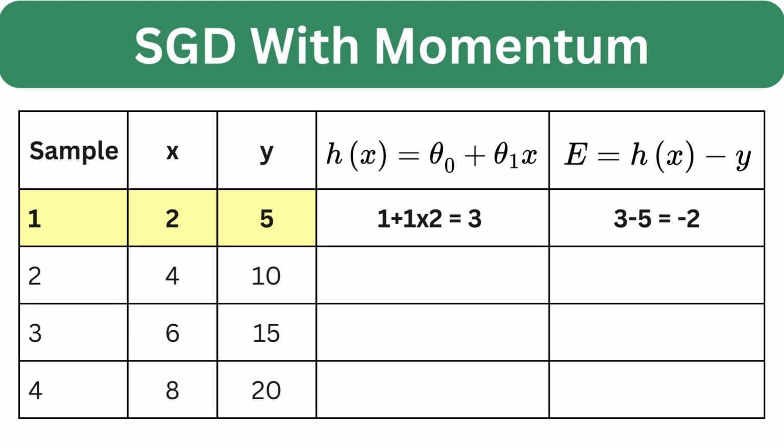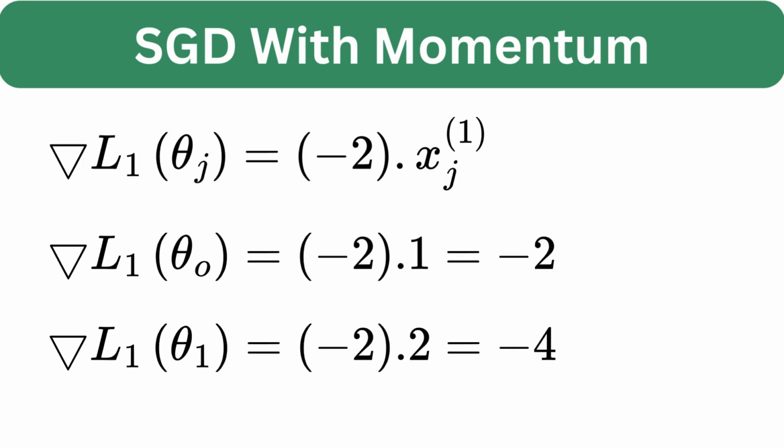As we are using stochastic gradient descent, we will start with the first sample. We will first compute the h of x, that is our hypothesis function. After putting the values of theta and x in the equation, we get 3. Now we compute the error, h of x minus y, which is 3 minus 5, equal to negative 2. The next step is to compute the gradient of the loss function with respect to weights.